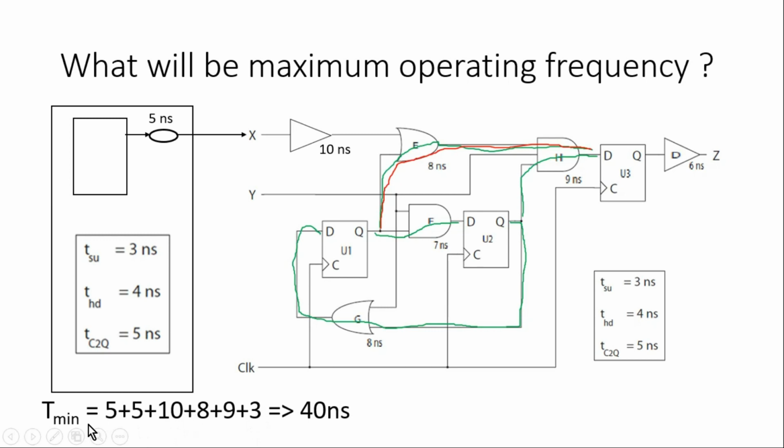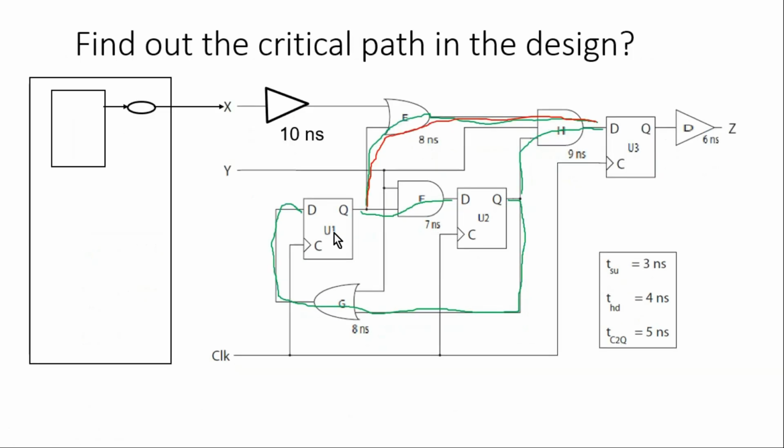Add them all, 5 plus 5 10 plus 10 20 plus 8 28 plus 9 37 plus 3 40 nanosecond. And from here very easily we can calculate the maximum frequency of operation. Maximum frequency of operation will be 1 by T minimum, 1 by 40 nanosecond, which will come out to be 25 megahertz.